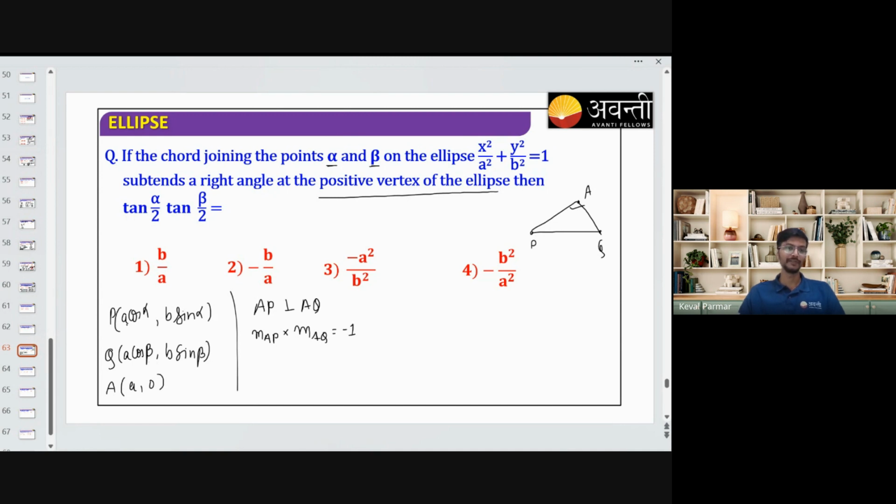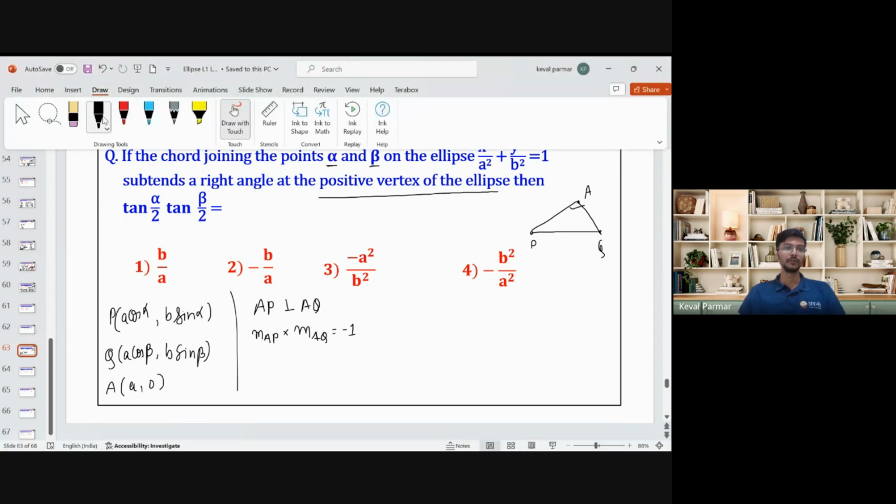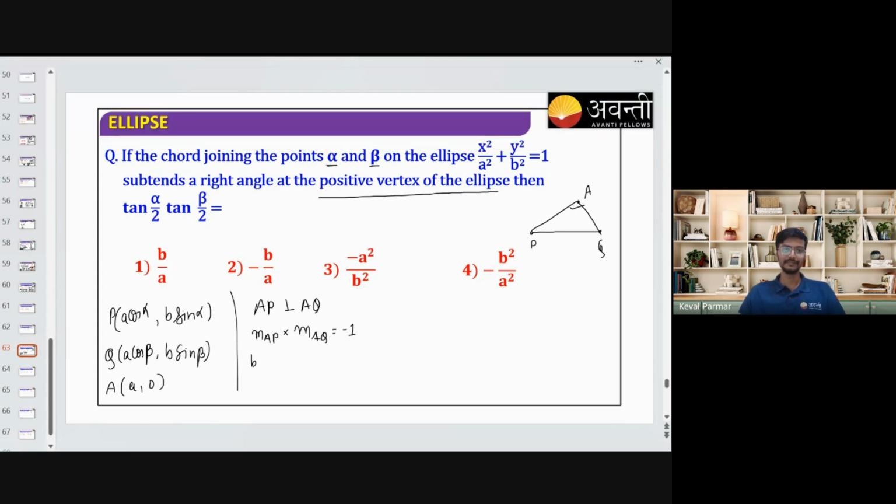What is slope of AP? y2 minus y1 upon x2 minus x1, so B sine alpha minus 0 upon A cos alpha minus A, into slope of AQ, B sine beta upon A cos beta minus A, equals -1.